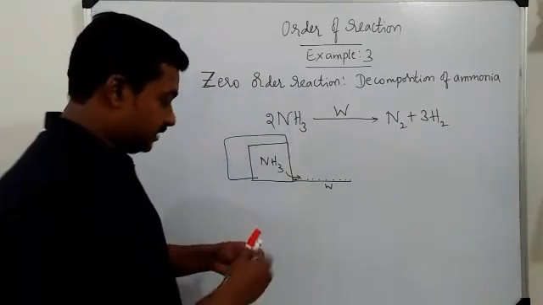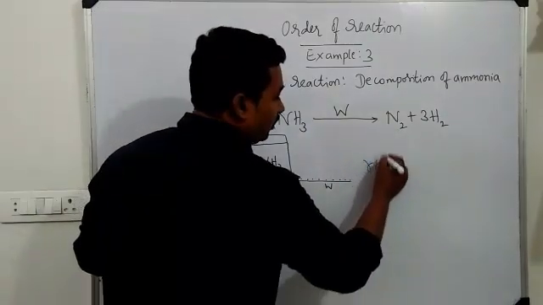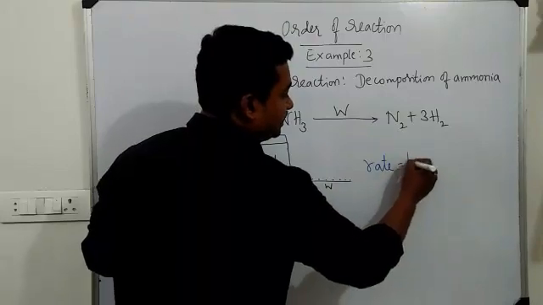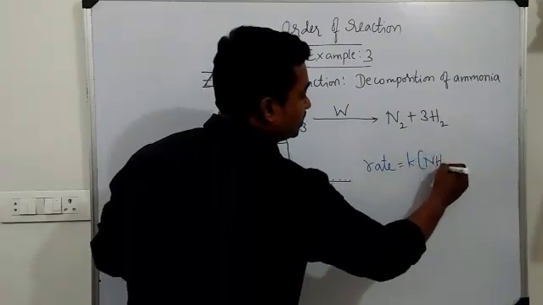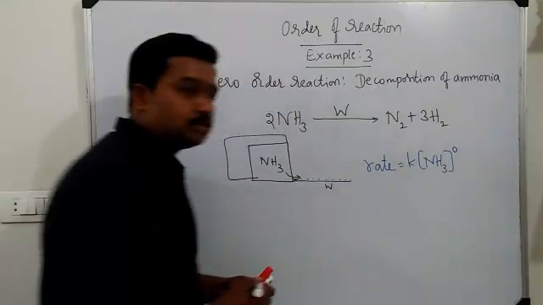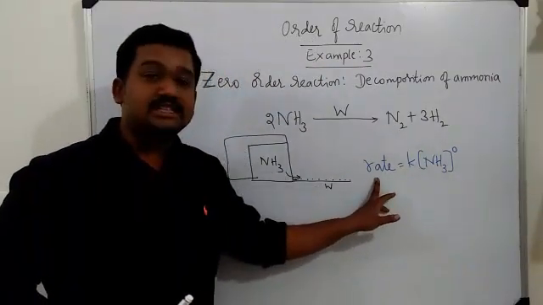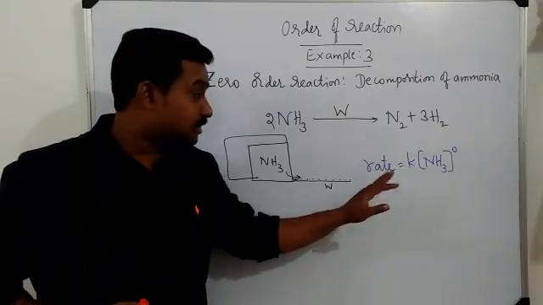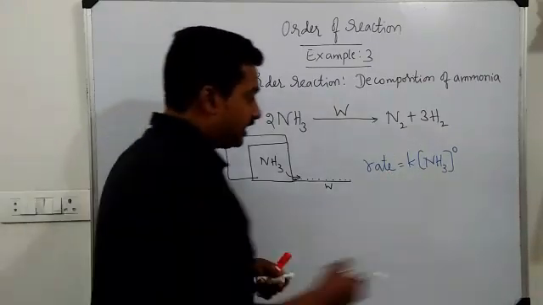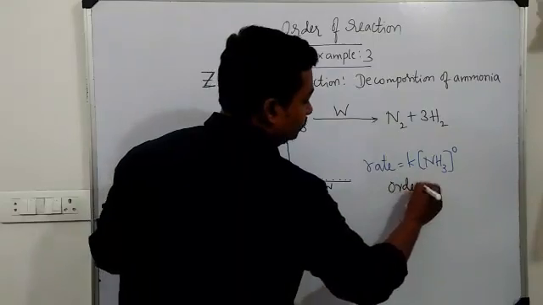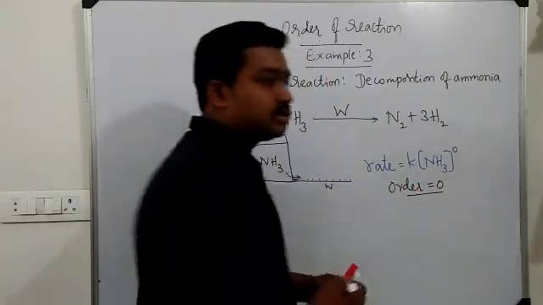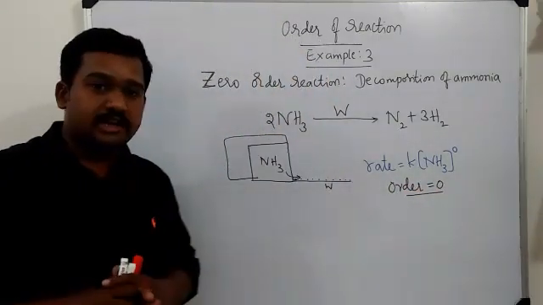So, we could say that the rate of this reaction is K into the concentration of ammonia to the power 0, because on increasing ammonia, I did not have any change in the rate of reaction. So in such a case, the order of reaction becomes 0. So this is an example of a 0 order reaction.